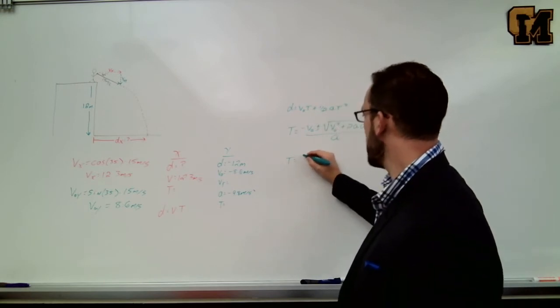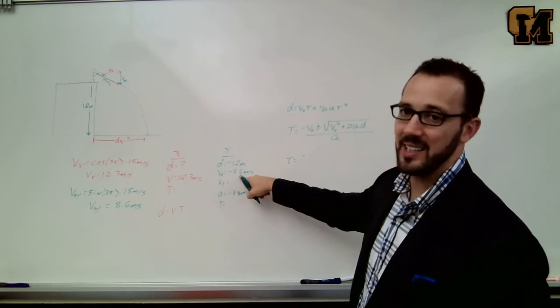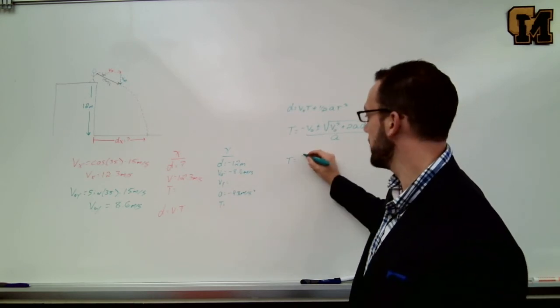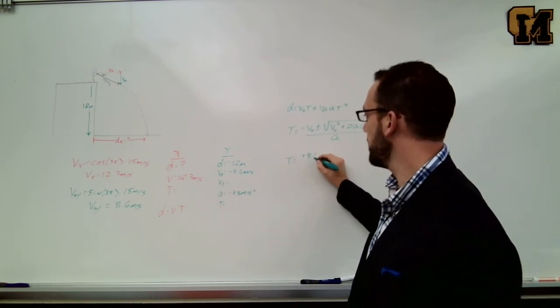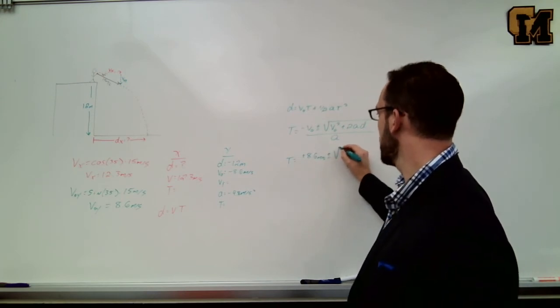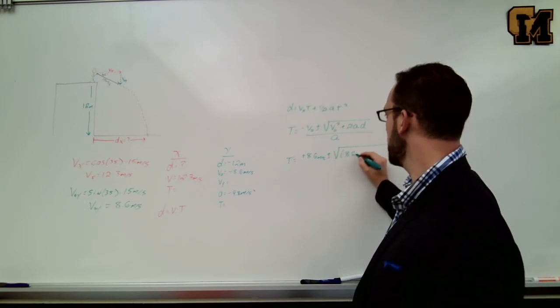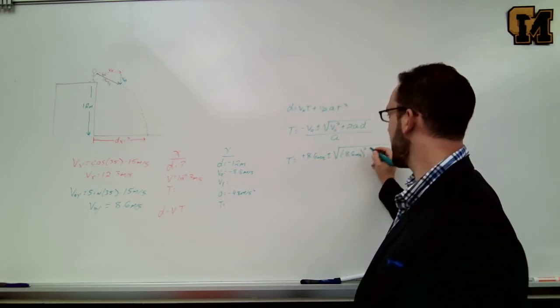So time is going to equal negative, and notice that's already a negative, so negative 8.6 becomes a positive 8.6 meters per second, plus or minus the square root of negative 8.6 meters per second, and that gets squared.